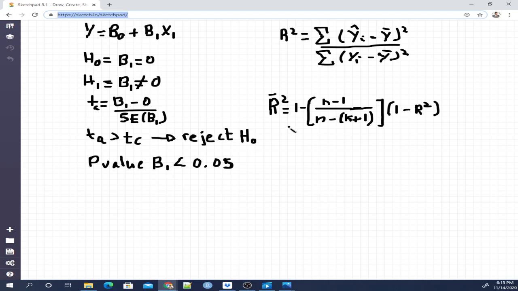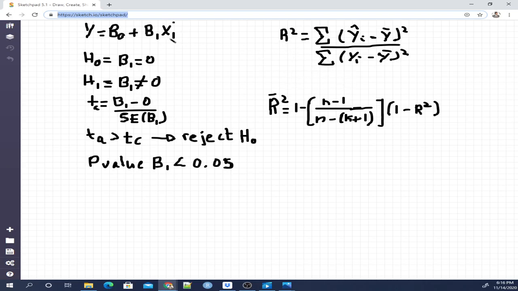Now there's another value which we can use to determine how good a model is, which is the adjusted R-squared. This one is really handy when you have multiple variables. Here in this formula, n is the number of observations you have, and k is the number of variables that are in your model. R-squared does have a flaw: it generally increases as you add more variables to the model.